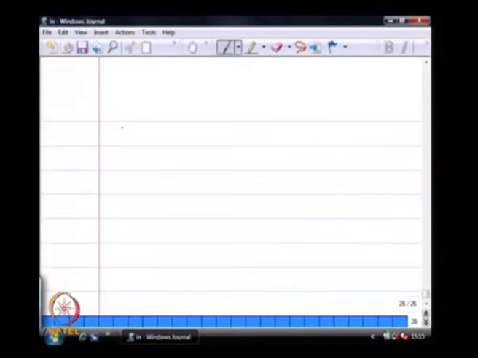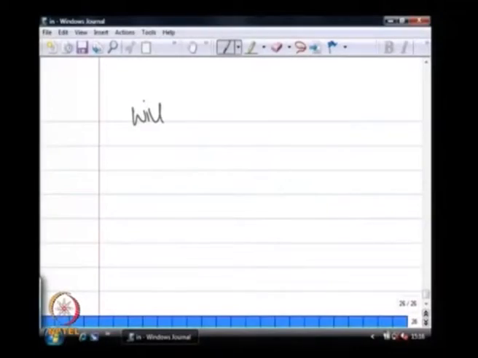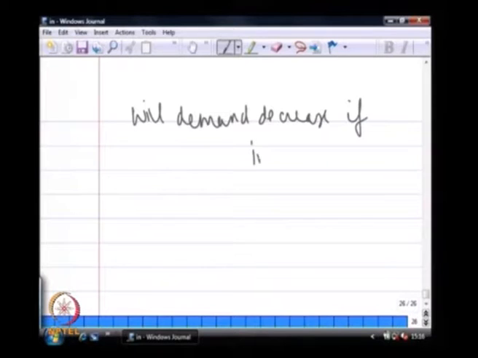Because income elasticity assumes that an increase in income will cause an increase in the demand for a particular product, but will demand decrease if income increases?